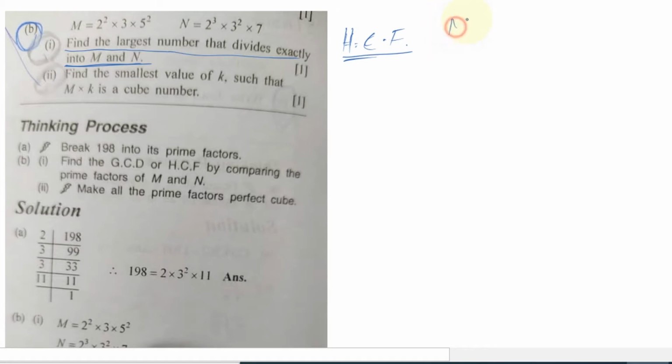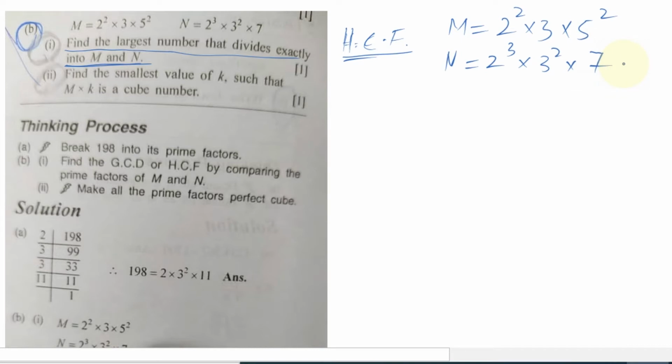M here is 2 raised to power 2 multiplied by 3 times 5 square. Both numbers are given in terms of prime factorization. N is 2 cube times 3 square times 7.